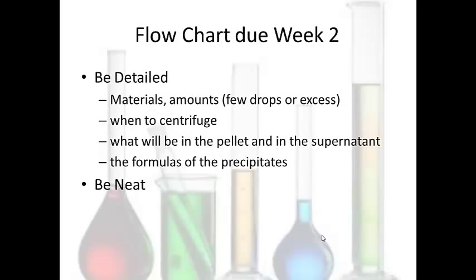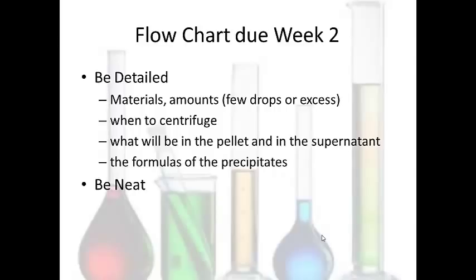At the beginning of week 2, you need to hand in your flow chart of what your separation scheme is. You need to be very detailed and you need to be neat. Okay, so include things like what materials am I using, in what amounts am I using, and amounts I don't mean by specific quantitative amounts, but do you just add a couple drops or do you make sure that it's in excess?